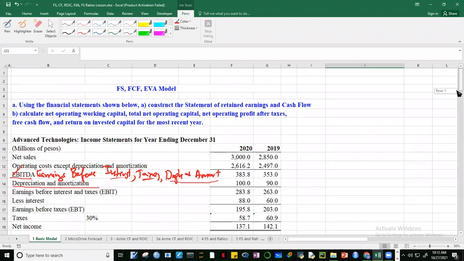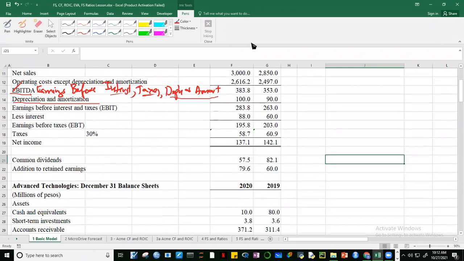Do you know how to name cells in Excel? Kindly chat, please. Do you know how to use the naming of cells in Excel? I want to see, guys.